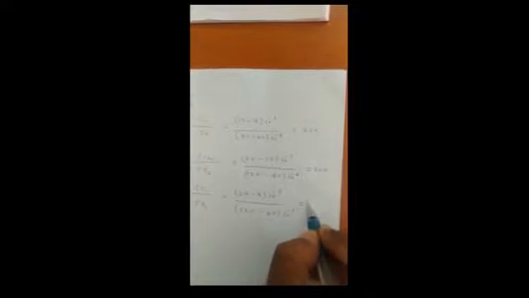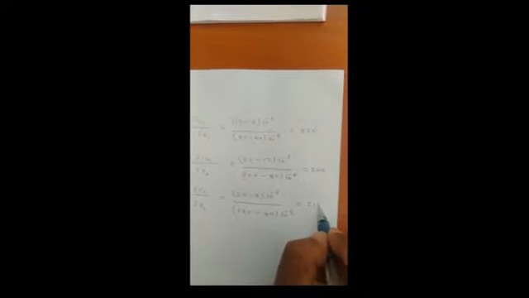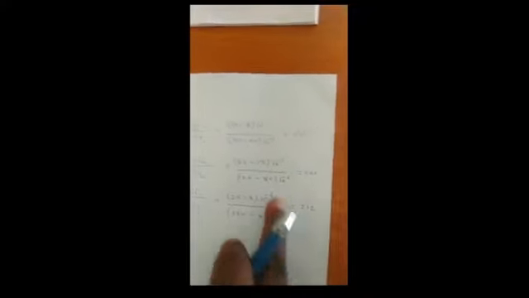If we calculate this, we are going to get 212. Now take the average value of these three betas. So the average value of beta is given by beta 1 plus beta 2 plus beta 3 divided by 3.